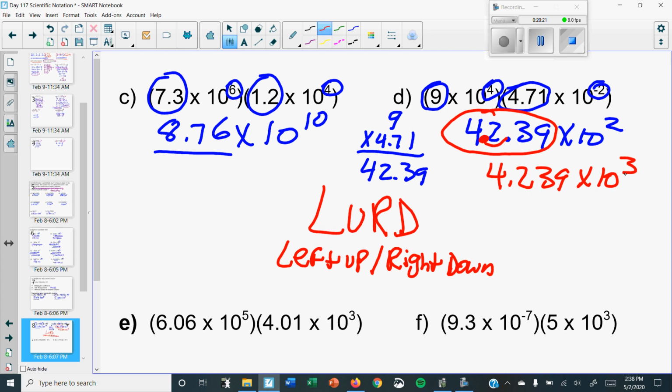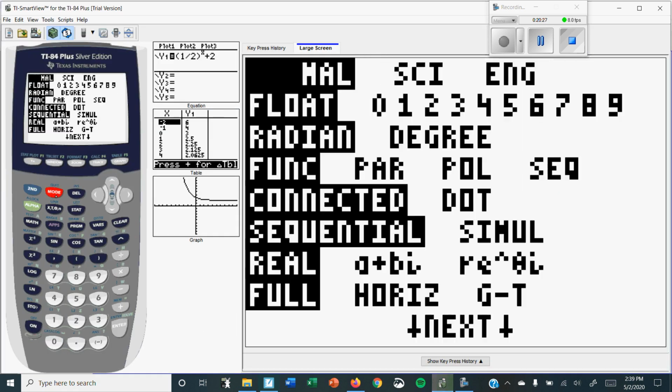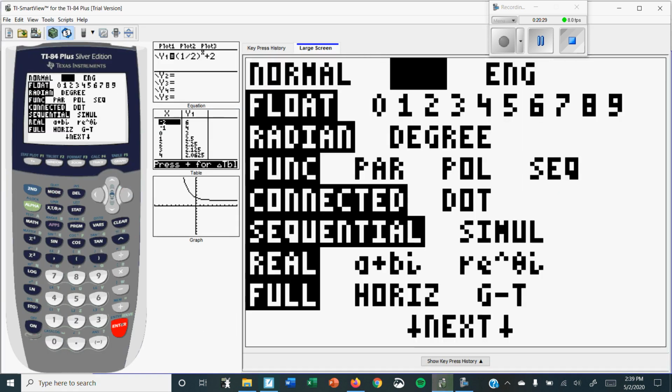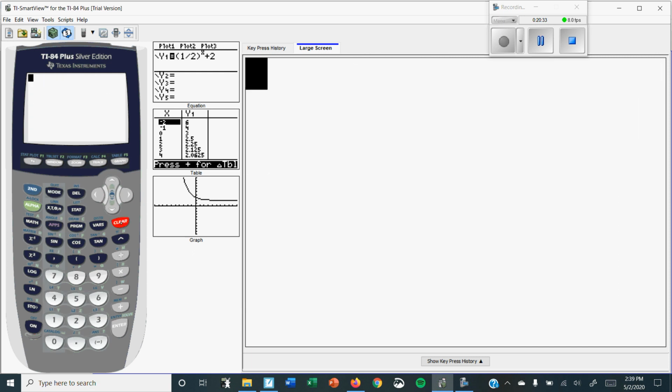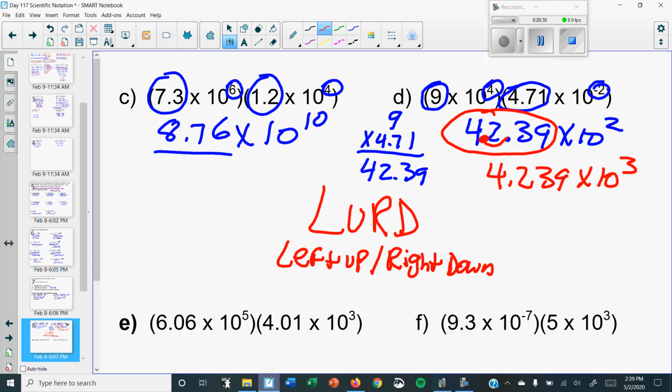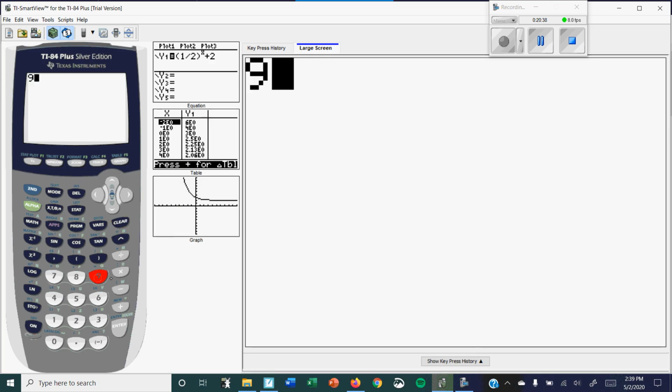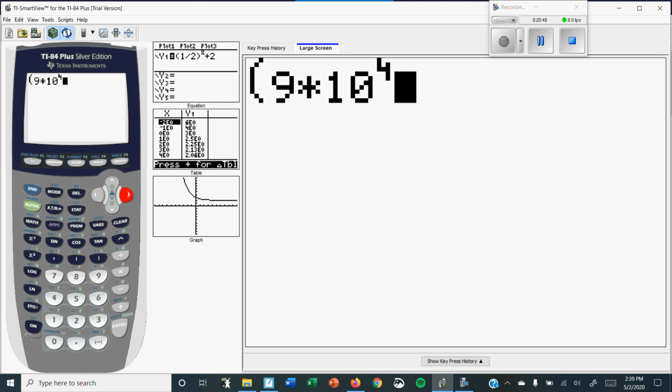The reason why I like the calculator is the calculator will fix that problem on its own. So if you go to mode, switch back to scientific, and now type the question. Again, it was 9 times 10 to the 4th, and what did I not do? I forgot to put it in parentheses. 9 times 10 to the 4th, and now you got to actually get down from the exponent.